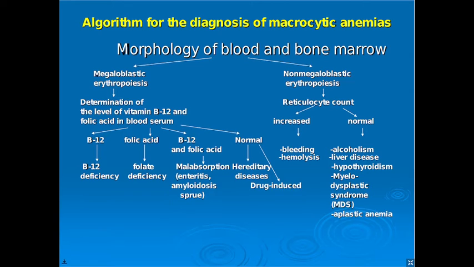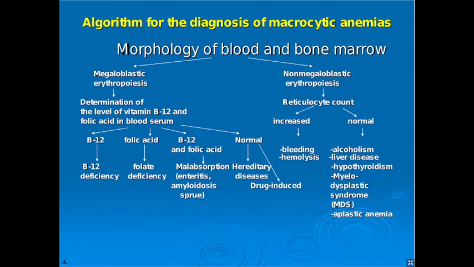Folic acid is not enough, folate deficiency. B12 and folic acid combined, that could be malabsorption from the small intestine. If the levels of vitamin B12 and folic acid are normal, but the megaloblastic type is detected, we must exclude hereditary diseases or maybe drug-induced megaloblastic type.